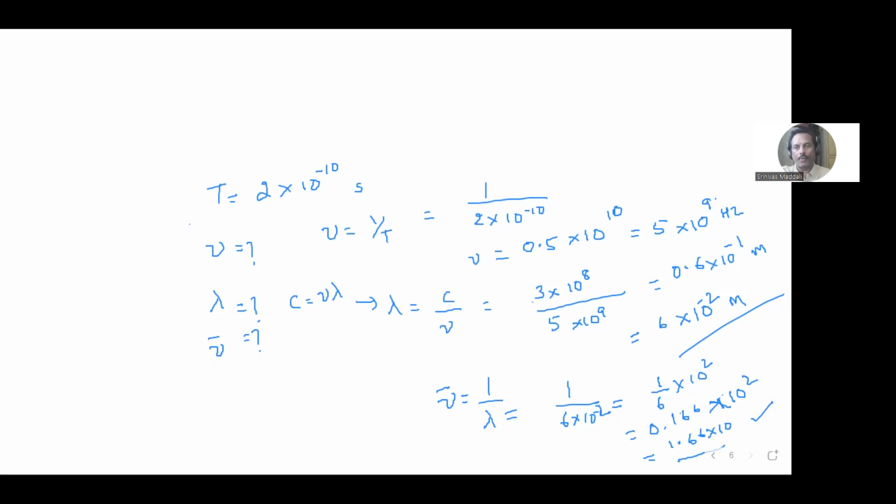So this is how we can find out the frequency as well as wavelength as well as wave number from the time period that is given.